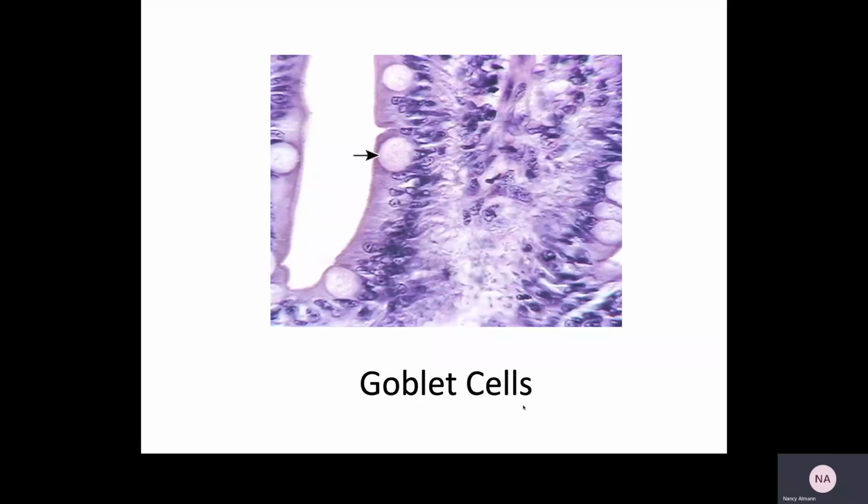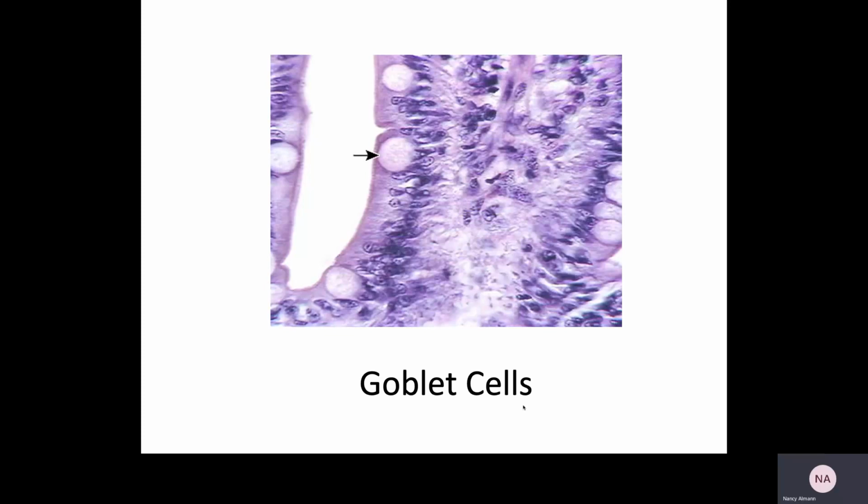Goblet cells are going to be very important to know about. In various parts of the body, you are going to need mucus, and especially in places like the digestive system. You're going to need mucus because as you move material along the length of the digestive tract, there's a lot of wear and tear that goes on.